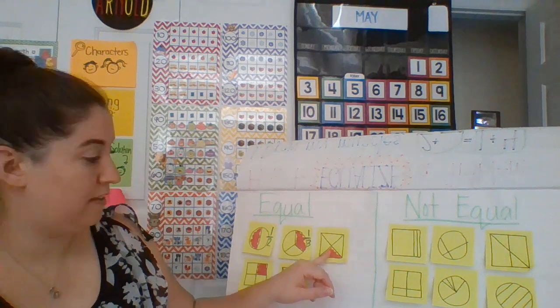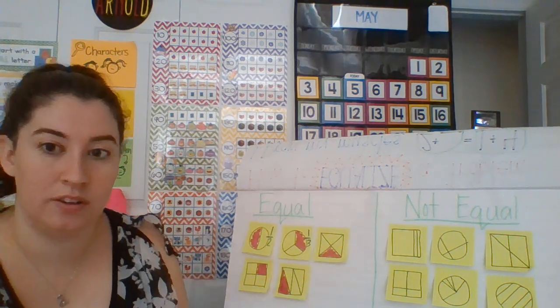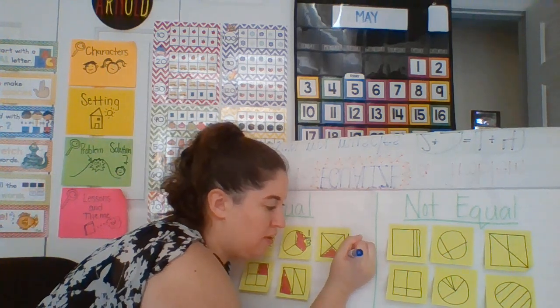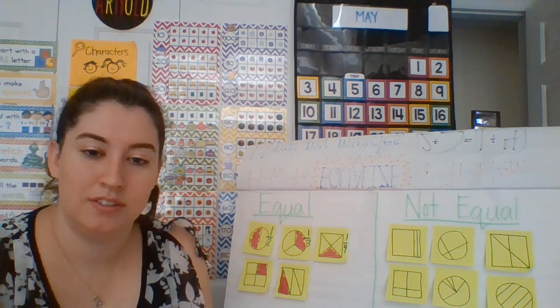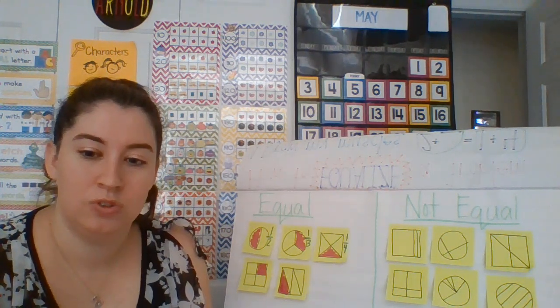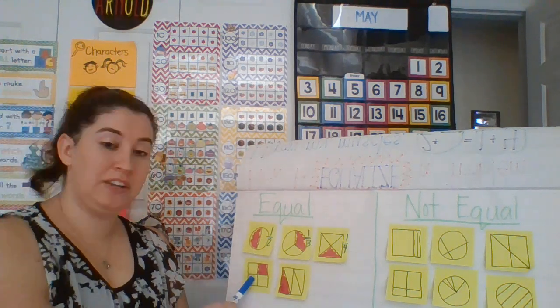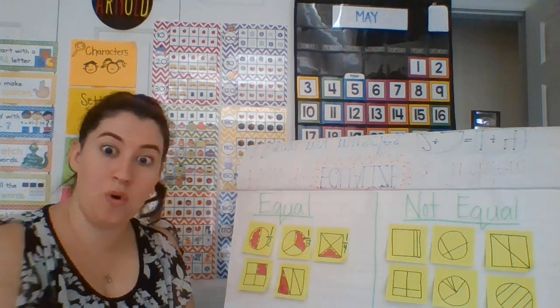Okay, coming over to here. 1 out of 1, 2, 3, 4. 1 out of 4 is called what? 1/4. Very good. Okay, coming down here, we have 1 out of 1, 2, 3, 4.